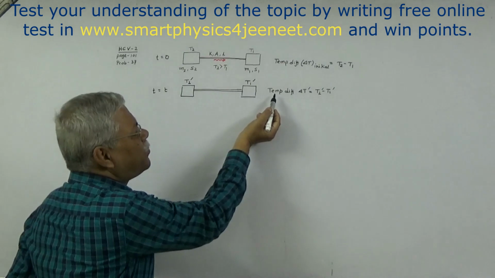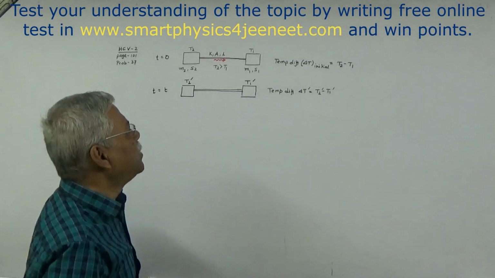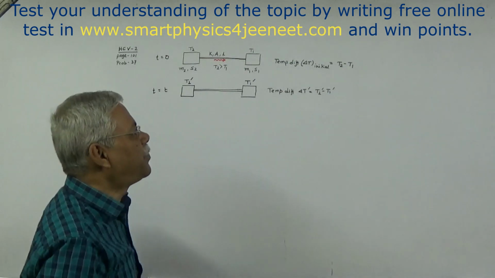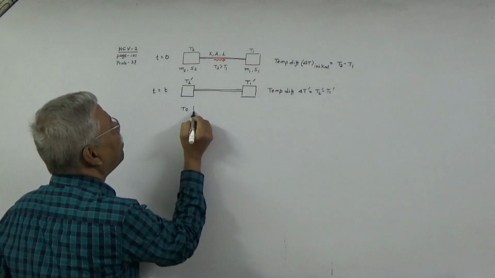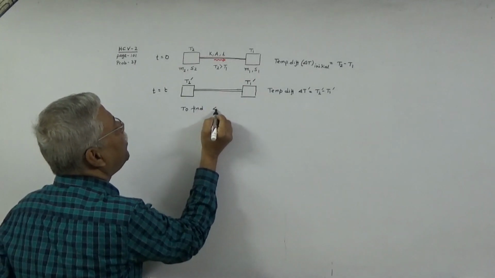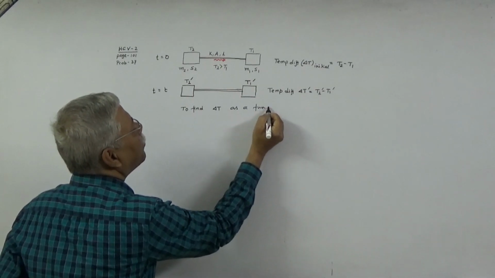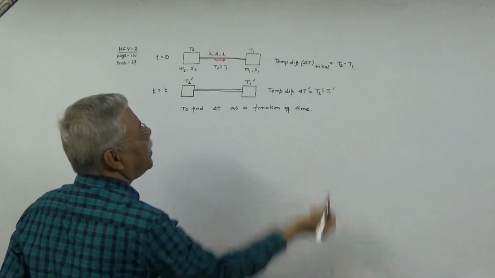So the temperature difference between the two bodies is changing with time, and the problem tells us to find the temperature difference, del T, as a function of time.